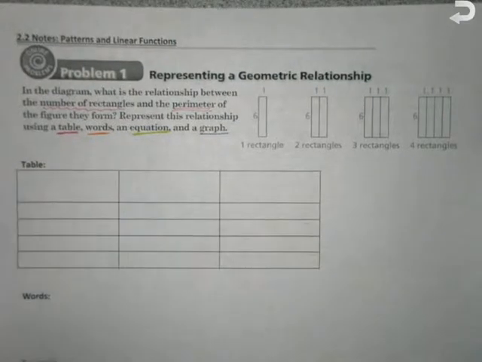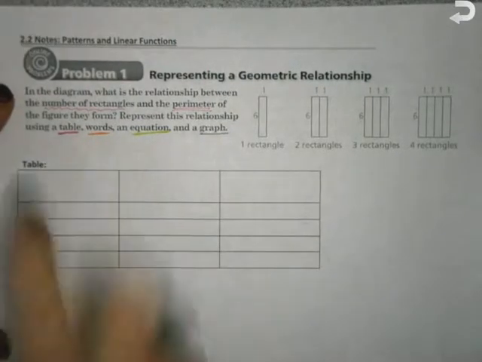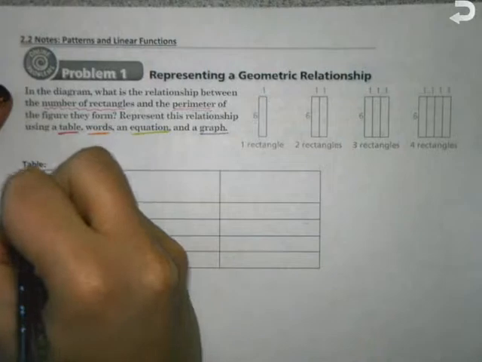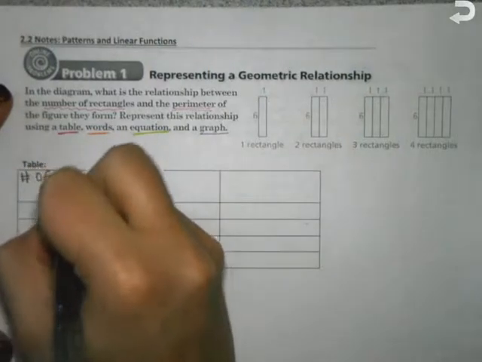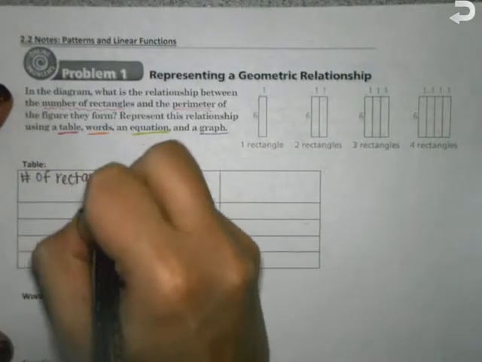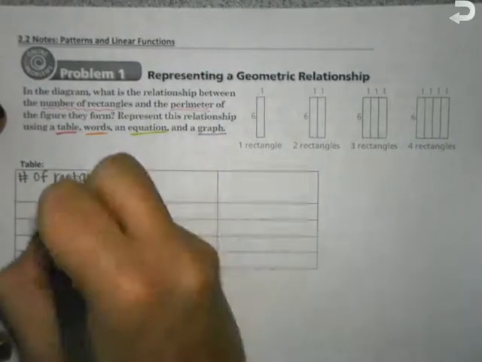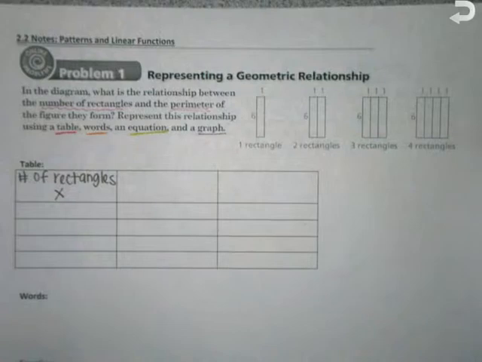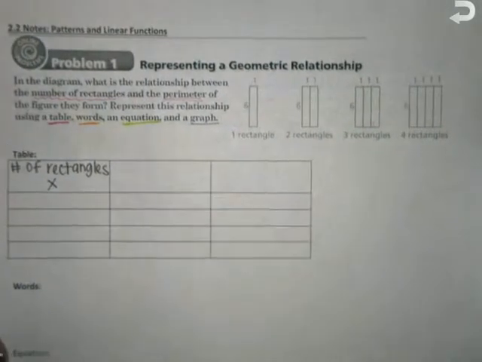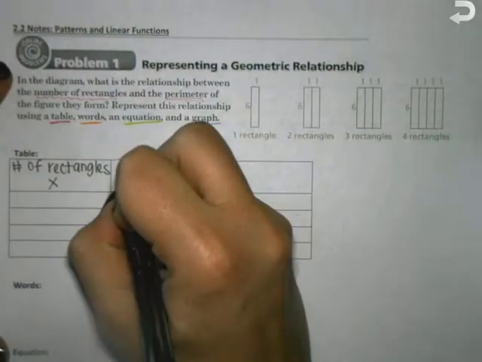So in our table, let's label that. So this first column is going to be the number of rectangles. And guys, do you remember what variable we give our input? X. So we're going to call that X. Our output is going to be the perimeter.